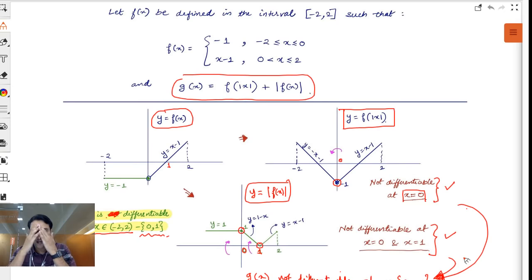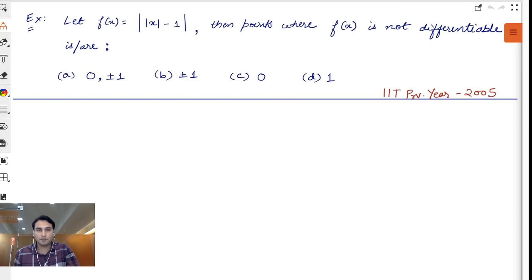I've deeply analyzed the problems of all these years of IIT, and 60% of them can actually be solved graphically and within half a minute. Okay? That's my way of approaching the problems and teaching. Okay? Now let's do this problem.